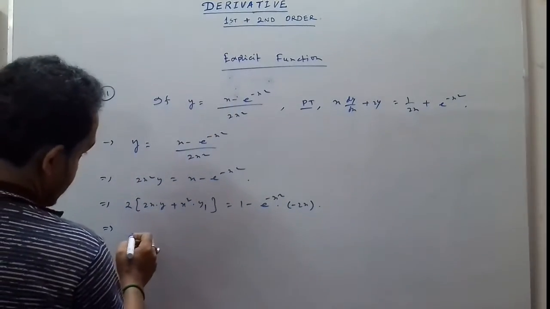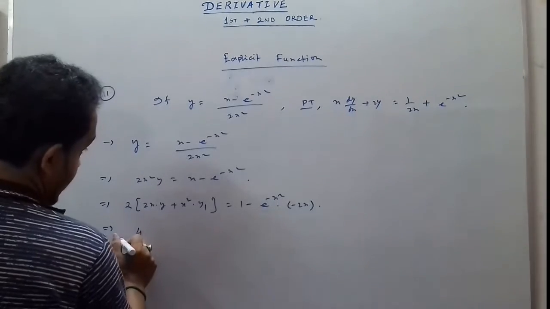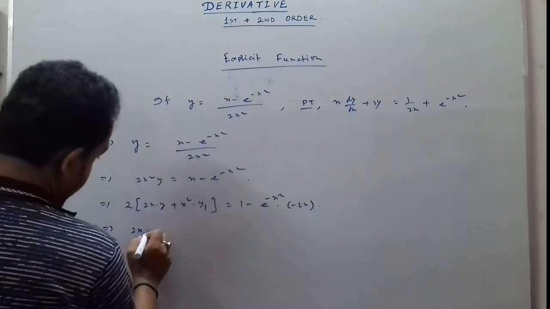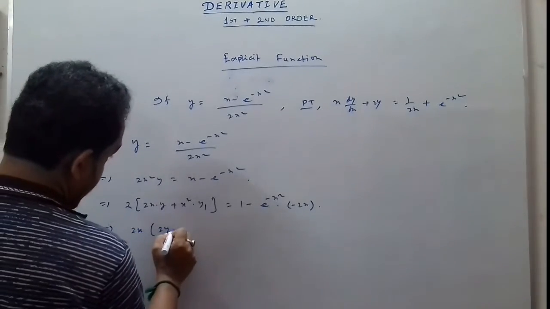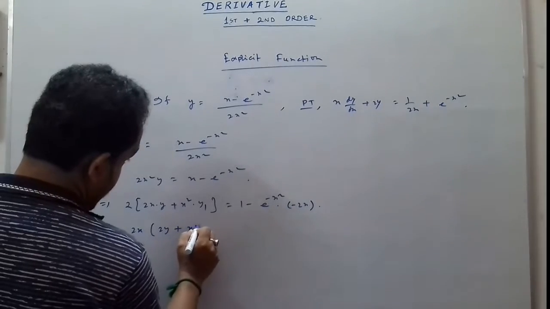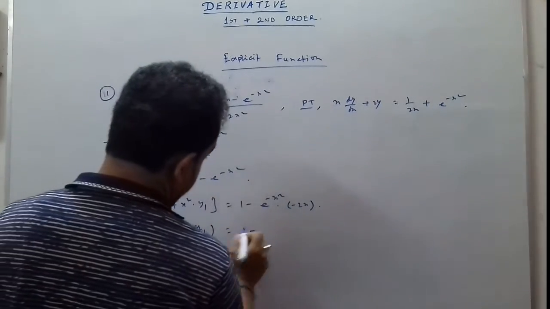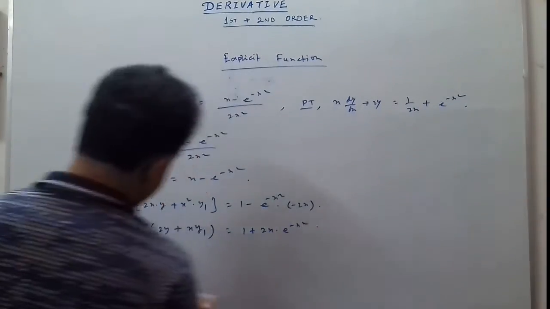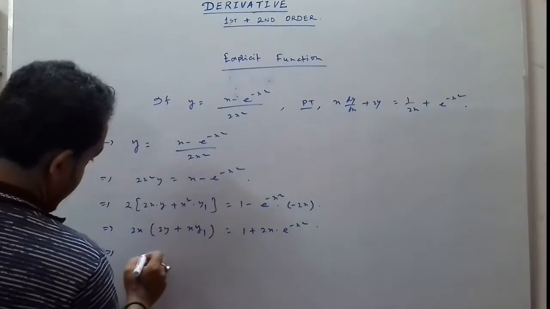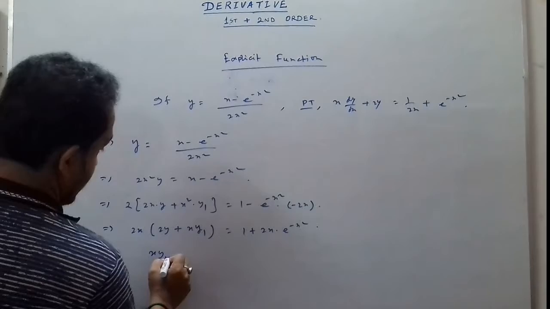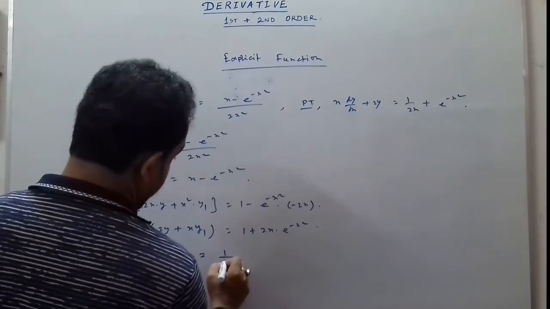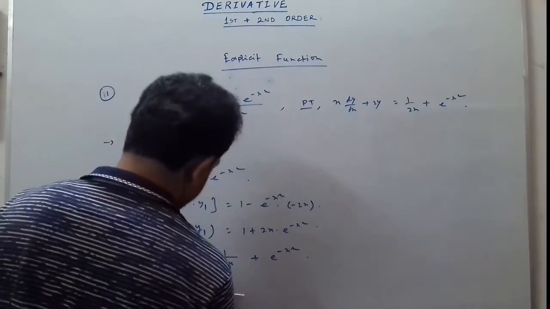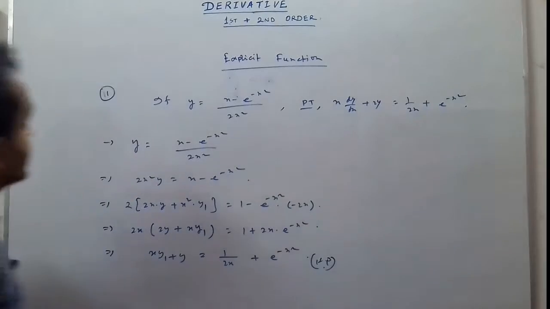Now multiplying, taking x common on both sides, we get 2y plus x y1 is equal to 1 minus 1 plus 2x into e power minus x square. So dividing by 2x we get x y1 plus y is equal to 1 over 2x plus e power minus x square. Hence proved. This is number 11.